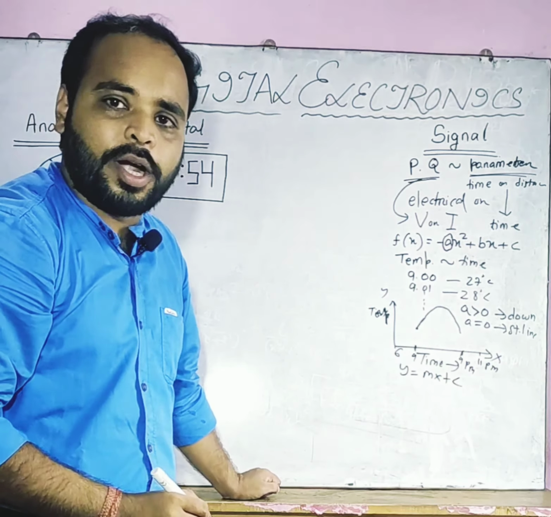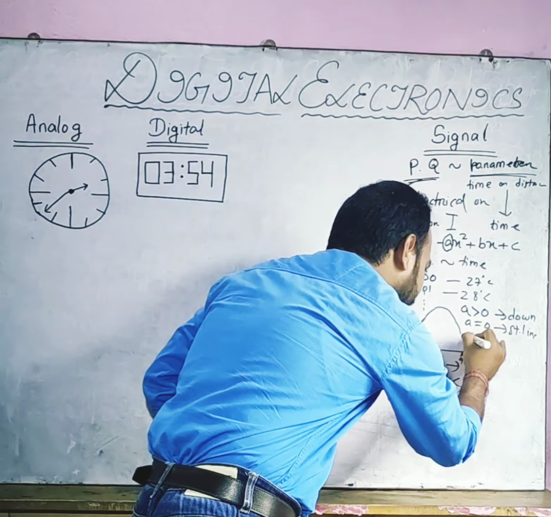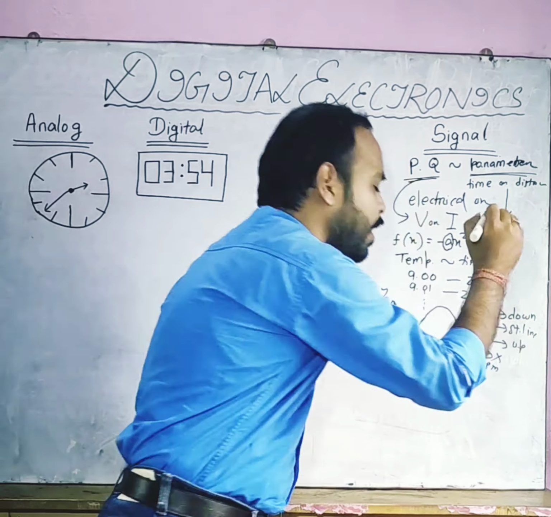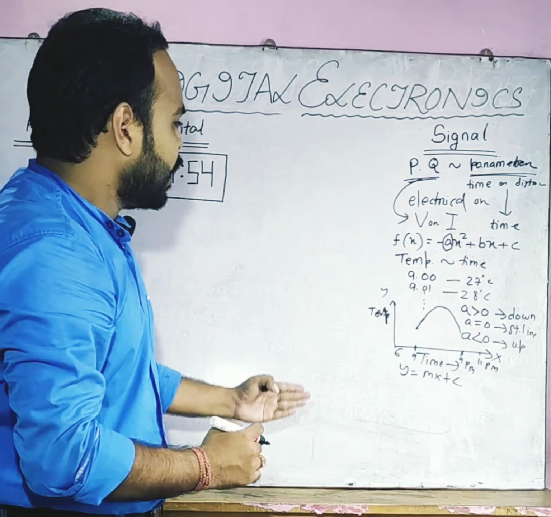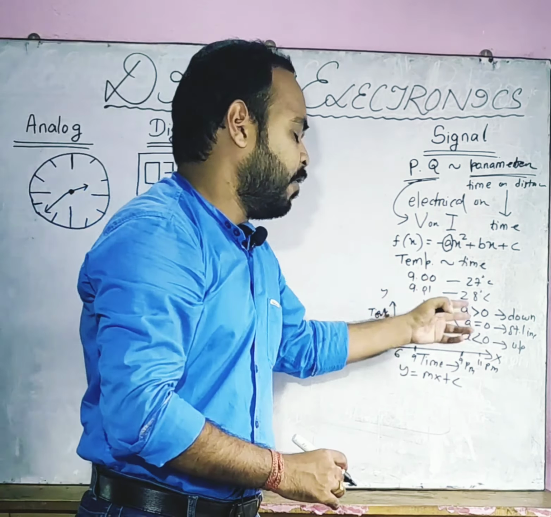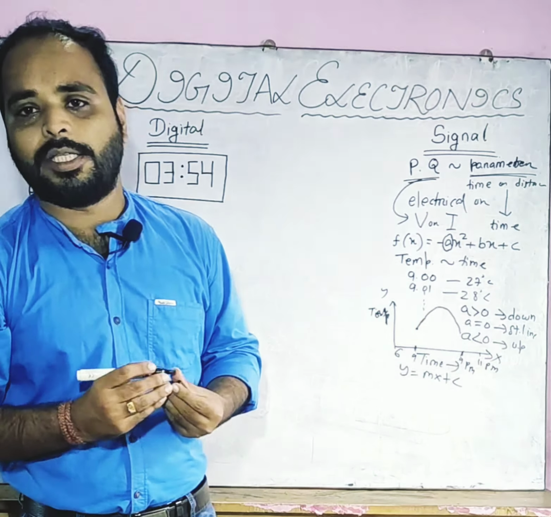This is the equation of a straight line. And if a is less than 0, then we will obtain an upward parabola. Now here we can express the signal as a function of the physical quantities.